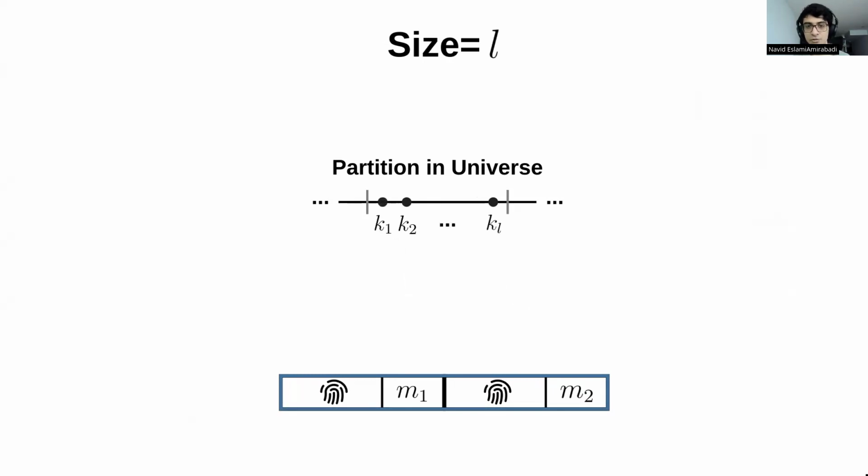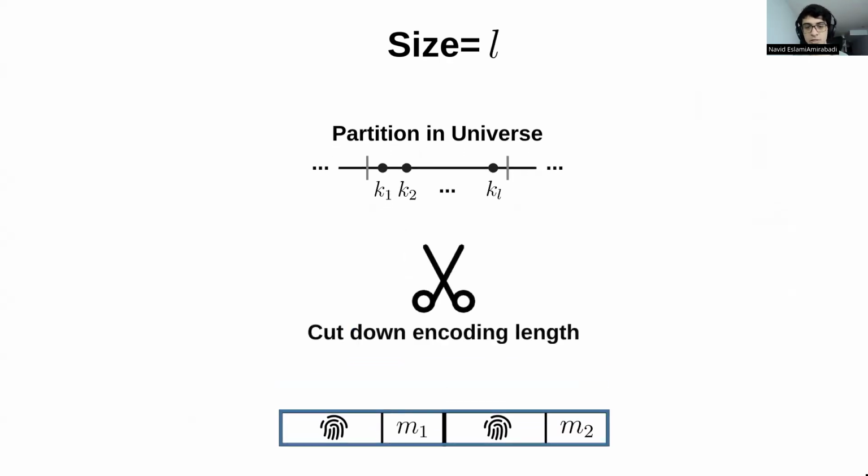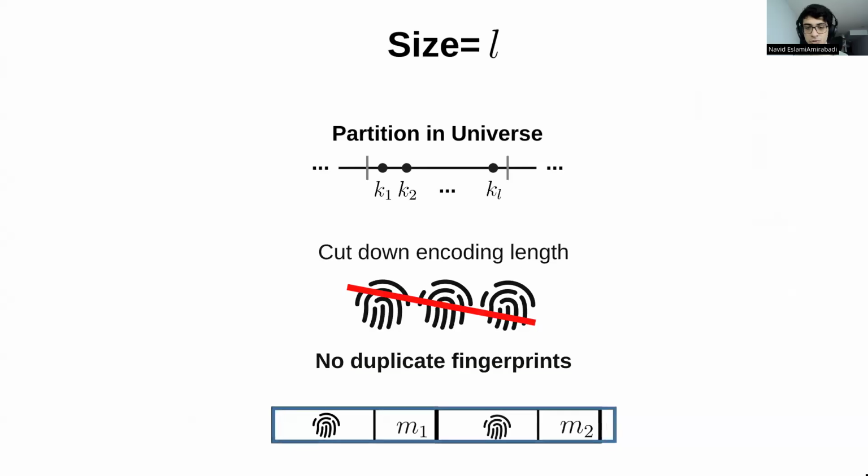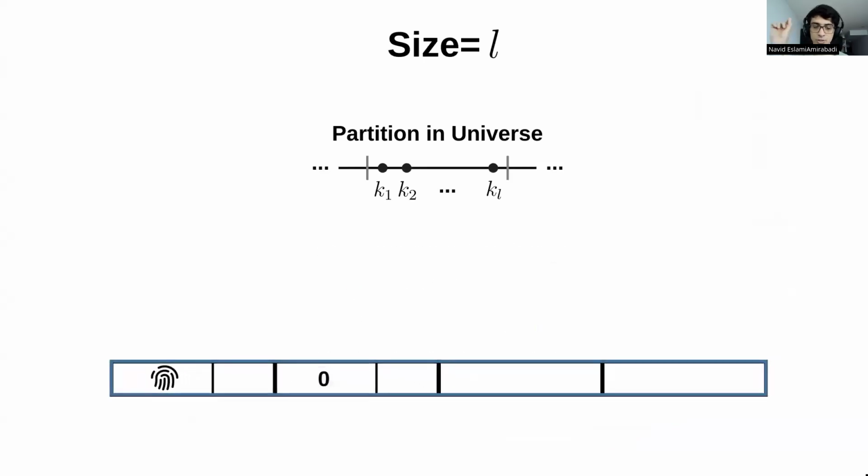If we have more keys in our keepsake box, in our partition, this presents an opportunity for optimization. So we're going to cut down on the encoding length and avoid storing duplicate fingerprints. The way this works is we're going to store the fingerprint only once in the first slot. We're going to store a 0 fingerprint in the next slot.